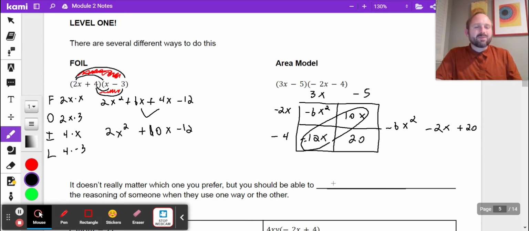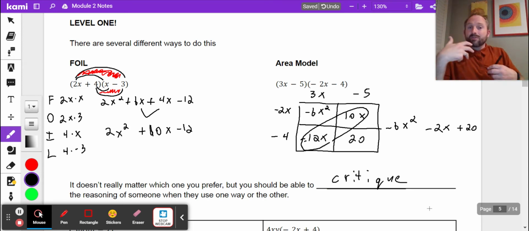I like to use the area model because it's faster and it's more conceptually based. Like you can grasp it, you can see it. So it doesn't matter which one you prefer. We're not going to judge you, but we are, because you should be able to critique the reasoning of someone when they use one way or the other.